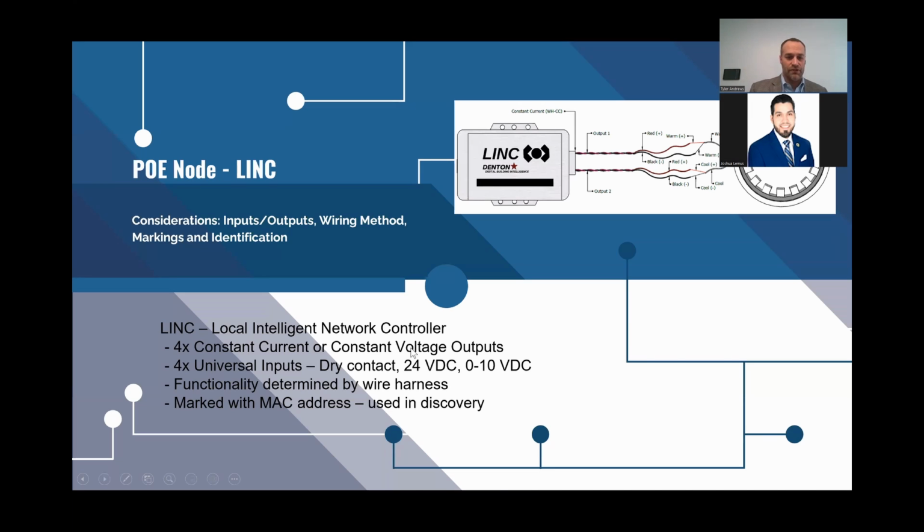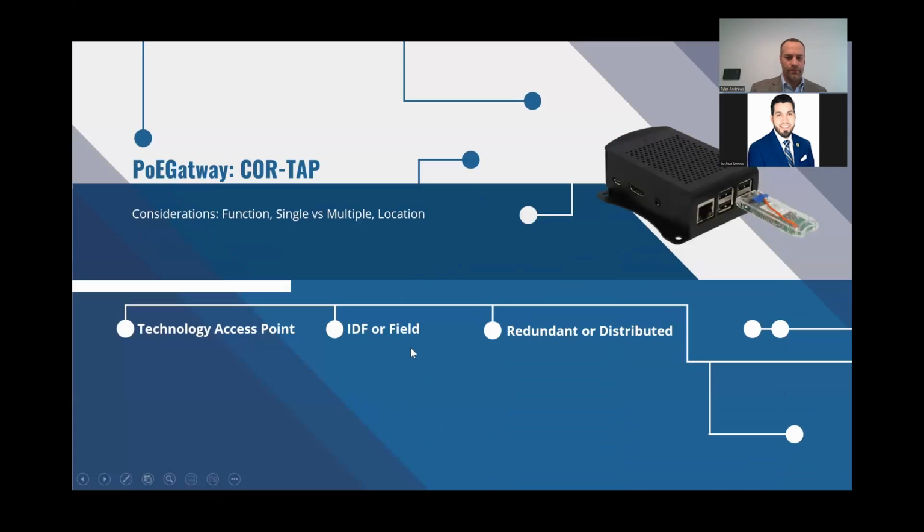So let's move on to the PoE gateway. I'm going to show ours here. This is called the Core Tap Lite. A PoE gateway ends up being the brains of the operation.